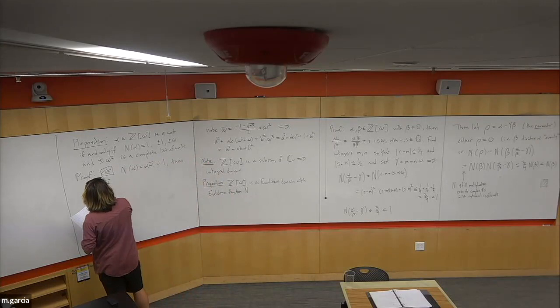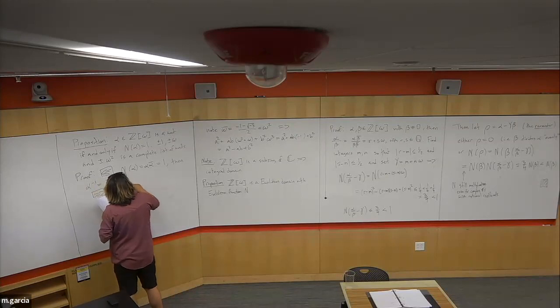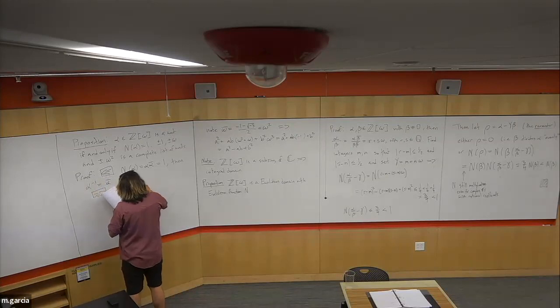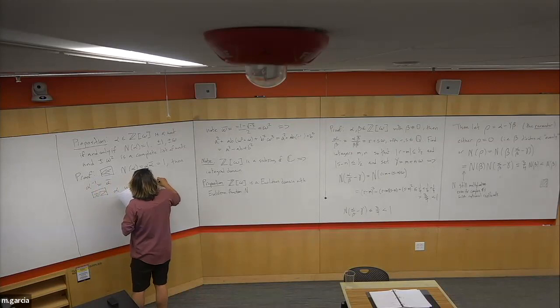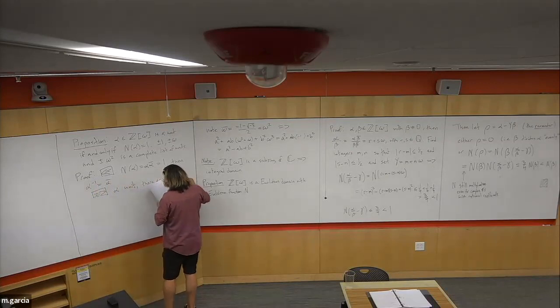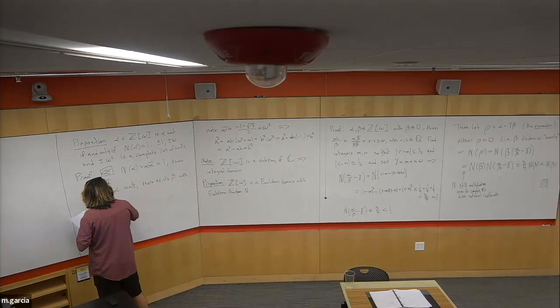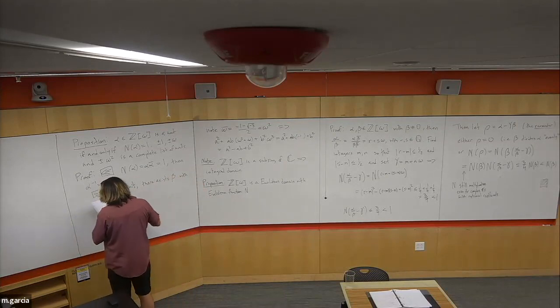And in the forward direction, if alpha is a unit, there exists beta with alpha times beta equal to 1.